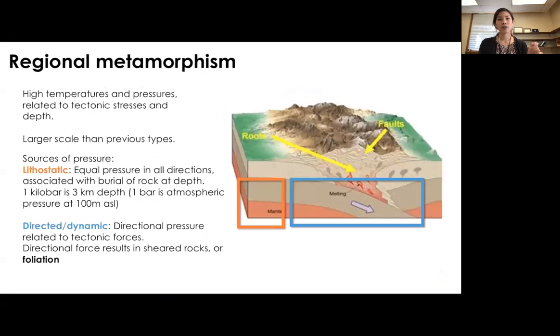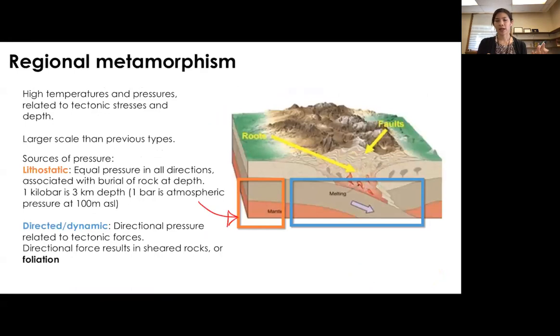There are two subtypes to regional metamorphism, and this depends on the direction of pressure. So a lithostatic type of regional metamorphism occurs in this area in the orange box here. And in this area, the rock is buried by other rock. That overriding rock exerts pressure on the buried rock.